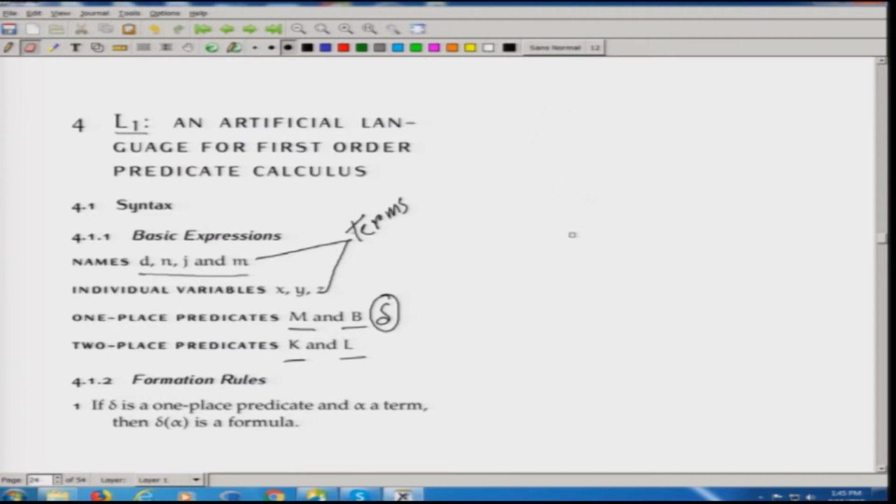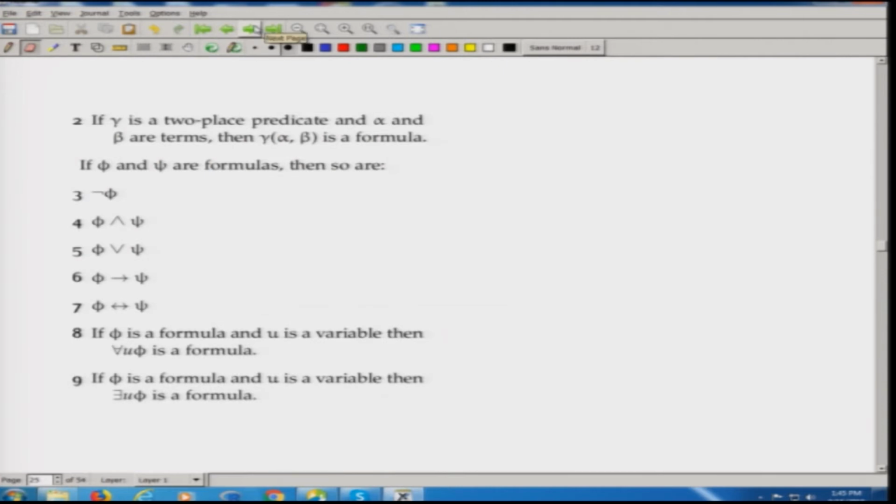Then we go to the next page, and here we have: if gamma is a two-place predicate, so we have two-place predicates K and L, and if alpha and beta are terms, that is, individual objects, then gamma alpha beta is a formula.